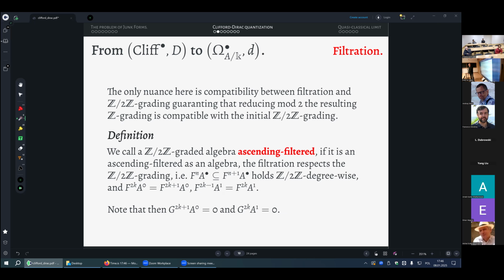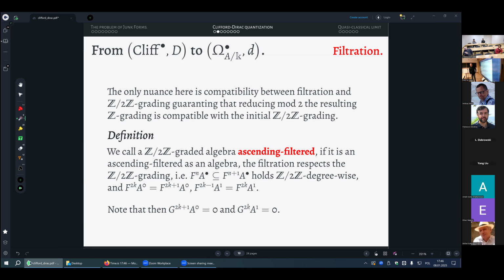But this must satisfy some additional conditions. If you go from even filtration to odd filtration, then you can add only odd elements. On even elements, nothing is added.